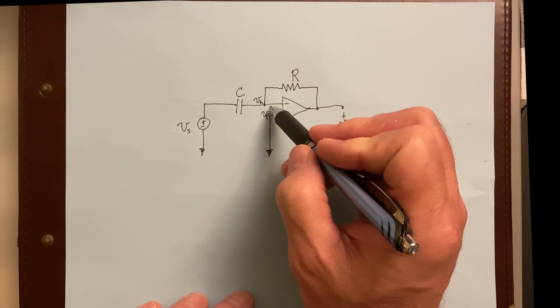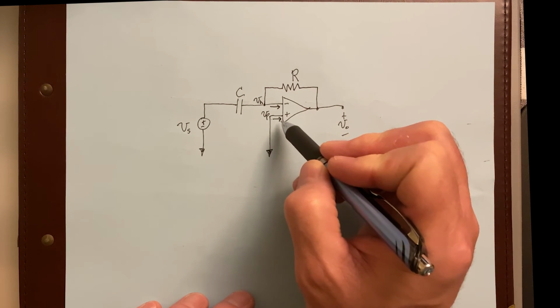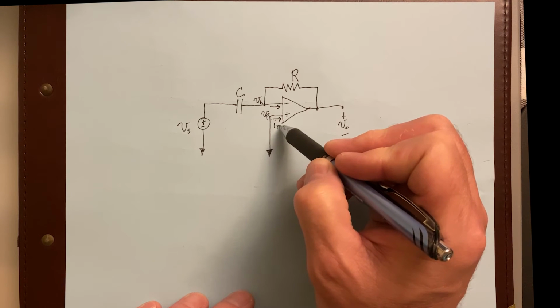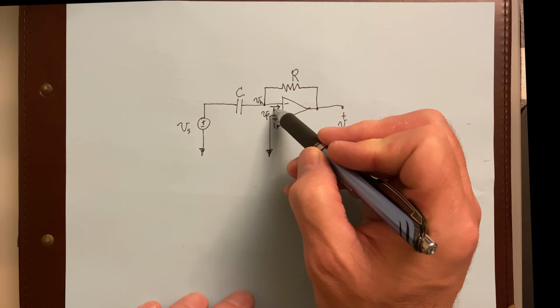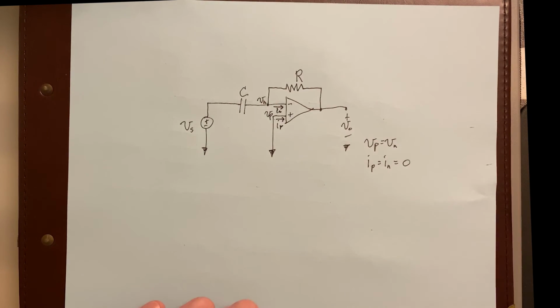In other words, the current that would be going into the op-amp on either the P or the N side. So I sub P here, I sub N there. Those currents are 0. There's no currents going in.